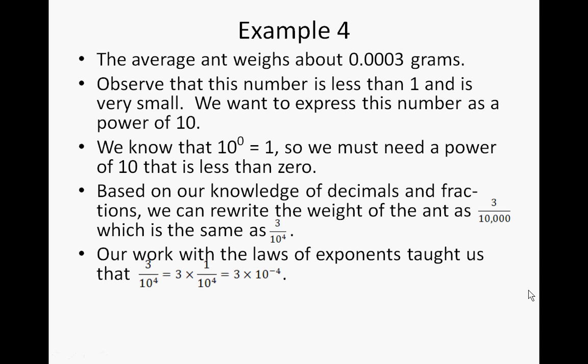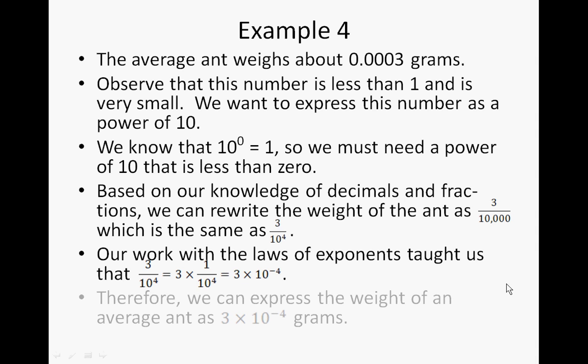Our work with the laws of exponents taught us that 3 over 10 to the 4th power is the same as 3 times 1 over 10 to the 4th power, and 1 over 10 to the 4th power can be written as a power of 10 with a negative exponent. So it would be 3 times 10 to the negative 4th power. Therefore, we can express the weight of an average ant as 3 times 10 to the negative 4th power grams.